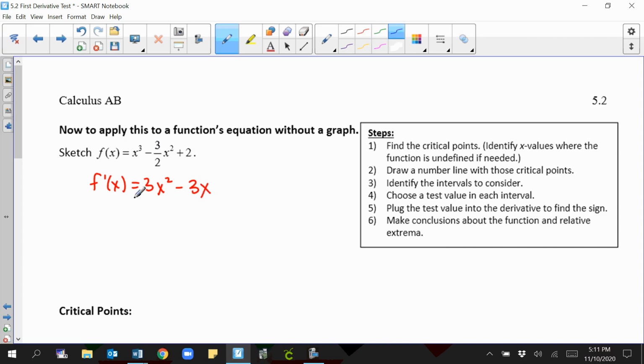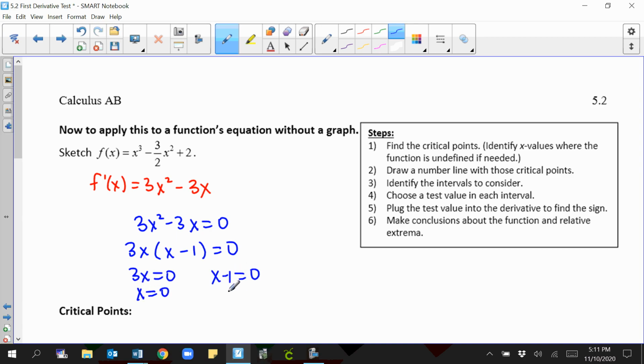I'm going to take that derivative and set it equal to 0. So 3x squared minus 3x equals 0. I can take out a 3x. I have x minus 1. So 3x equals 0, x minus 1 equals 0. So x equals 0 over here, and x equals 1 here. So those are my critical points, x is equal to 0 and 1.